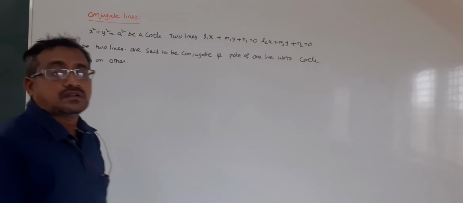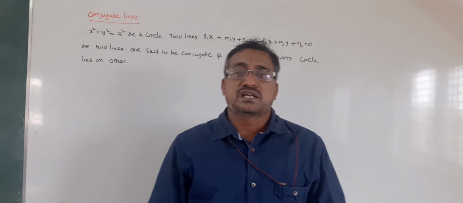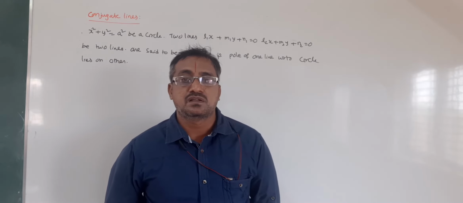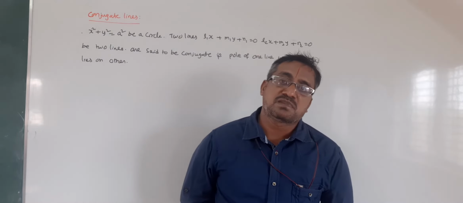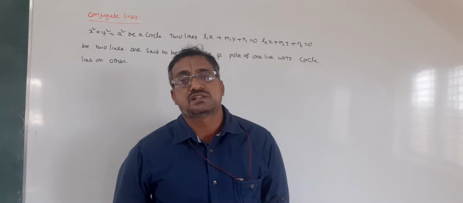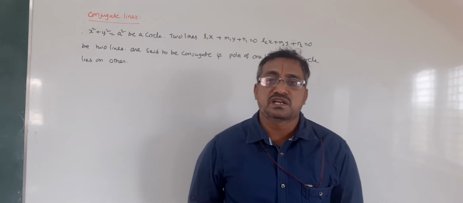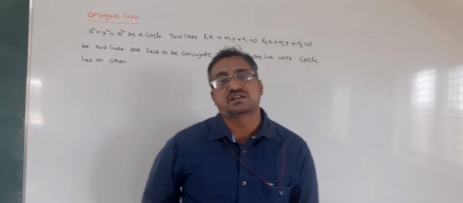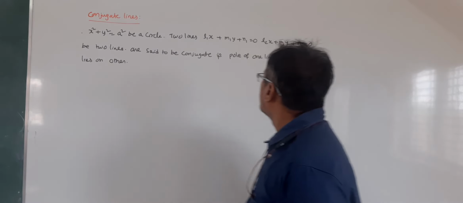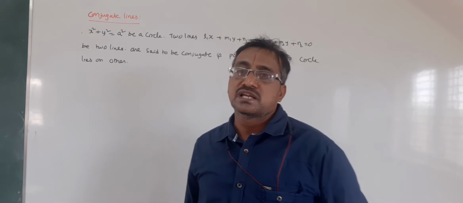Next concept, conjugate lines. Let x² + y² = a² be the given circle. Two lines L1x + M1y + N1 = 0 and L2x + M2y + N2 = 0 are said to be conjugate lines with respect to the circle if the pole of one line with respect to the circle lies on the other.